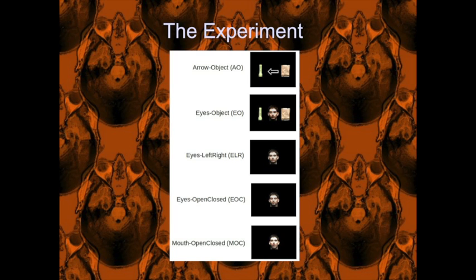Okay, so let me tell you about the experiment that I'm going to talk about today. This set of stimuli were designed to tap into the different kinds of networks that I've just been talking about: action, face, and theory of mind. And as with areas, tasks can often involve multiple kinds of networks. For example, the one that is least likely to involve other kinds of network is the arrow object task.